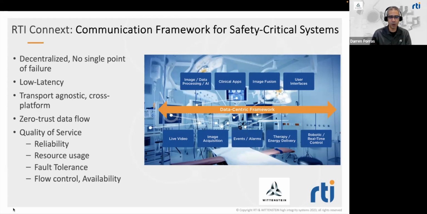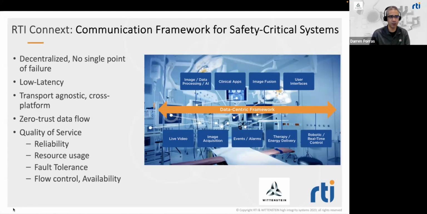As well as cyber secure. So when we talk about being able to have access to this global database, it is also very configurable. So being able to configure security controls for data flow, least privilege for data flow, authentication, encryption, et cetera, for data in motion is a very powerful concept. And then finally, quality of service is another key attribute for fault-tolerant communications, and that is included with this framework and as part of the standard in terms of reliability, being able to fine-tune your data flow to optimize resource usage, and also to prioritize certain data flows to assure resilient, available communications.